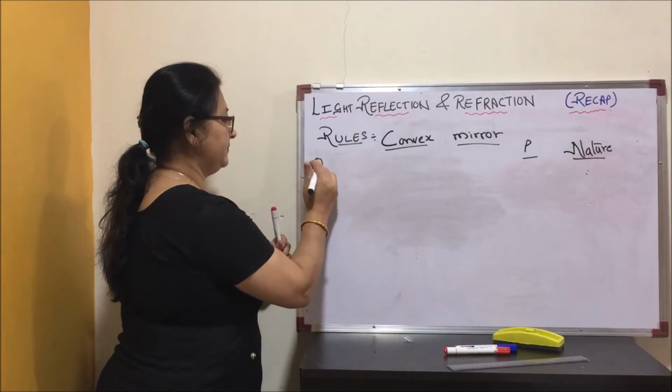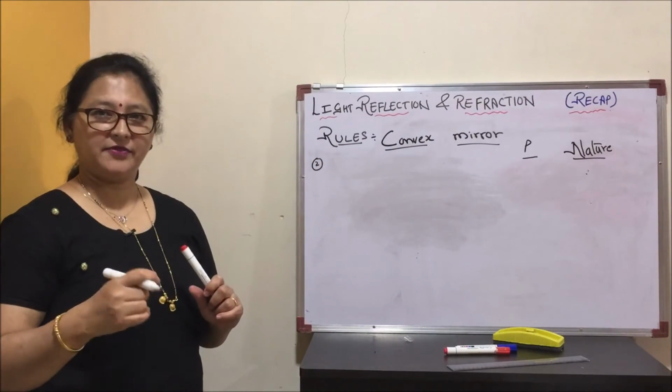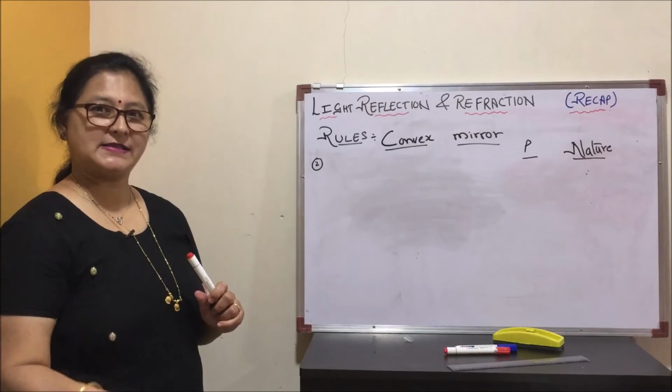Let's start with the second ray diagram of convex mirror.